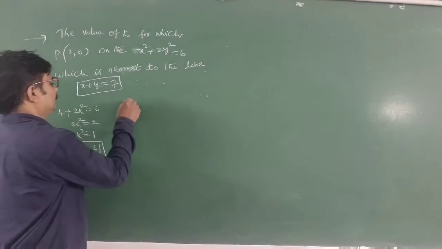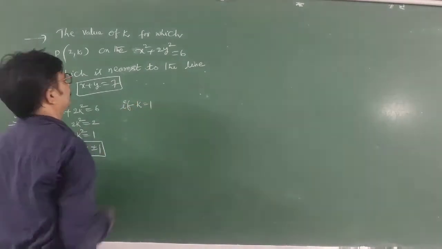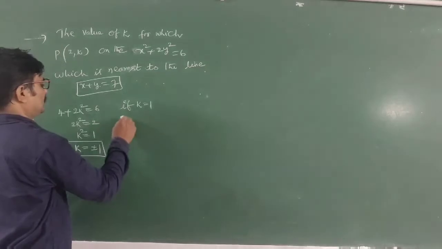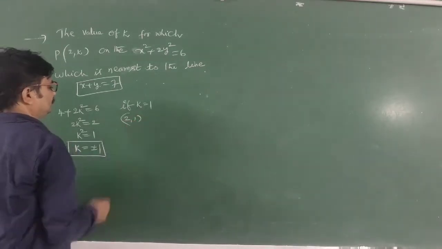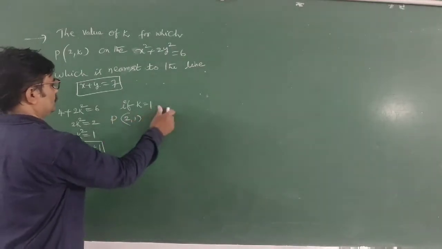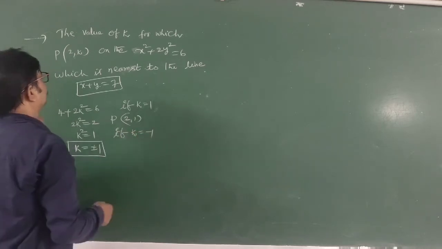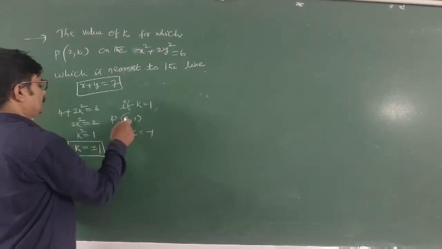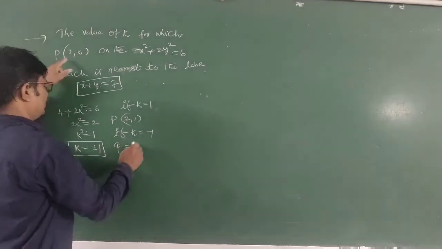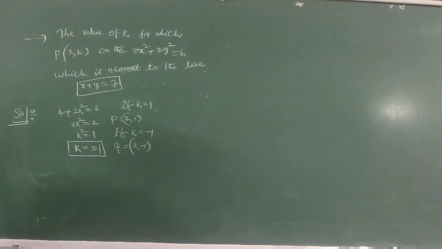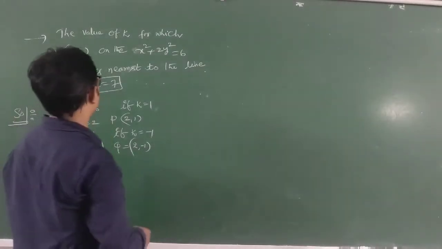So dear students, if the value of k is 1, undoubtedly the point is (2, 1). Suppose if k equal to minus 1, then the other point is (2, minus 1). So students, we have to find the distance from P to the line.